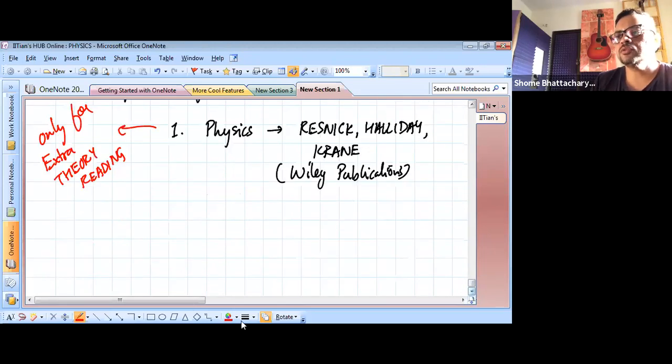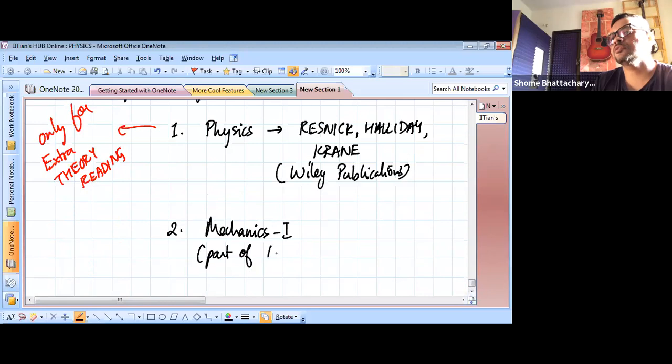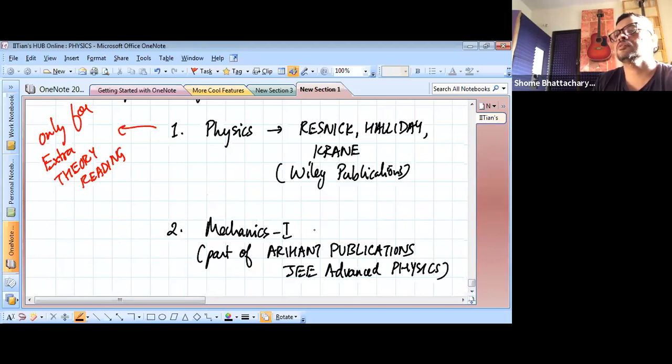Whereas another book you can follow is Mechanics 1, which is part of a series of Arihant Publications, JEE Advanced Physics books by D.C. Pandey.